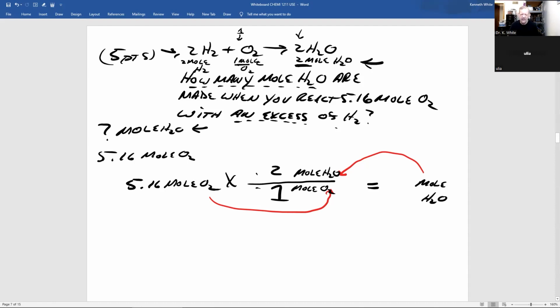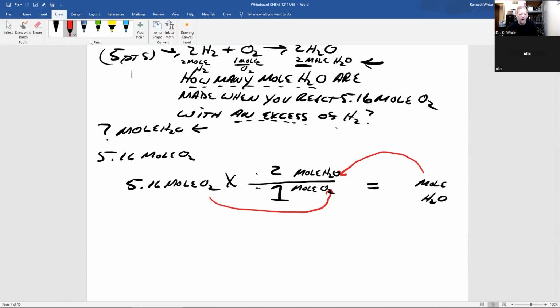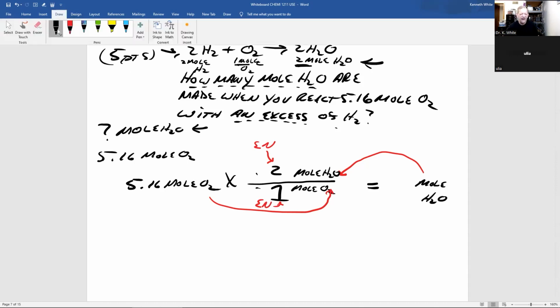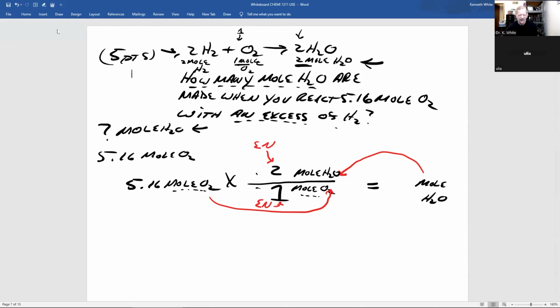Now, the coefficients are exact numbers. Again, the coefficients are always exact numbers, which play no role in so many significant figures. Now, before I pick up my calculator, notice we have moles of oxygen divided by moles of oxygen.